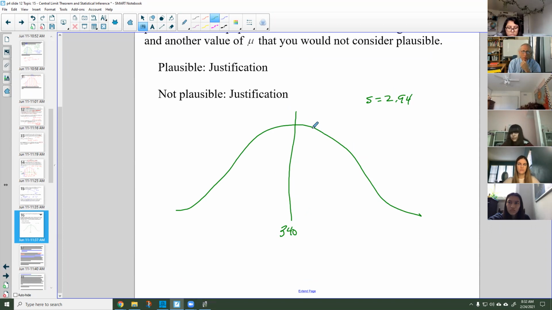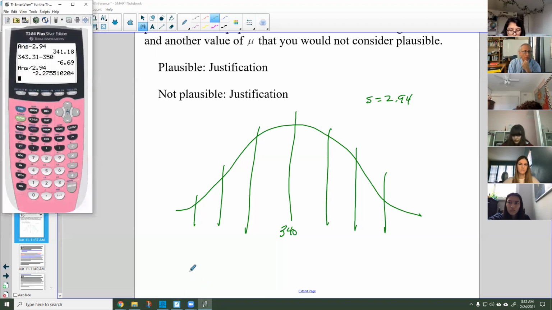So I have 1, 2, 3, -1, -2, -3. On a calculator, 340 plus 2.94 plus 2.94 plus 2.94.